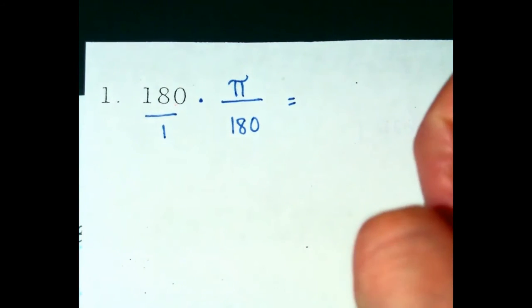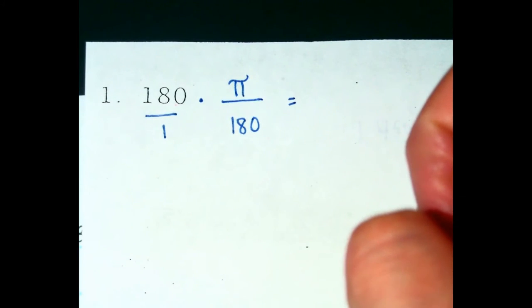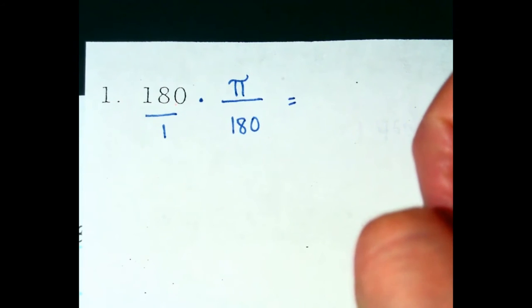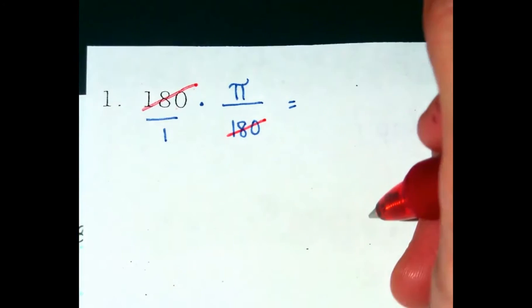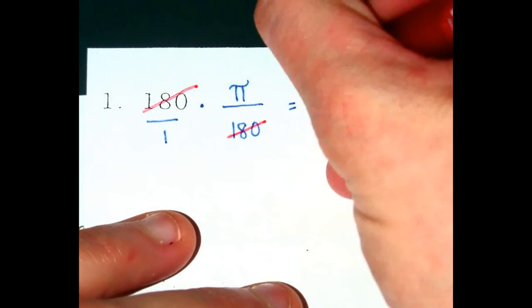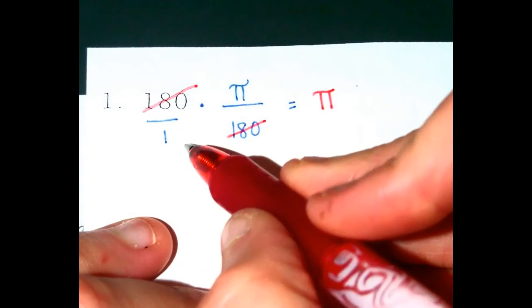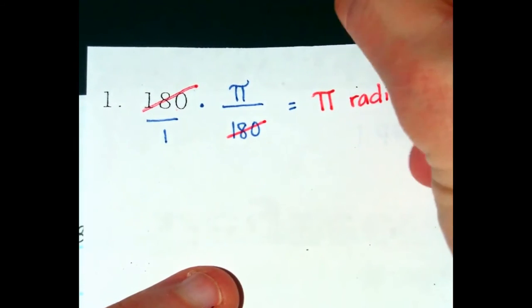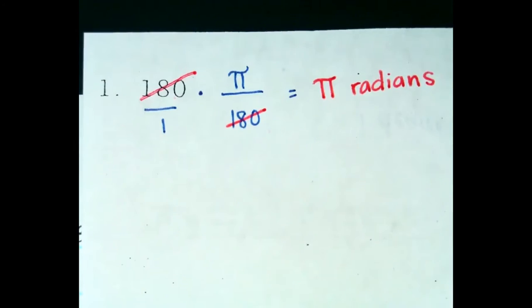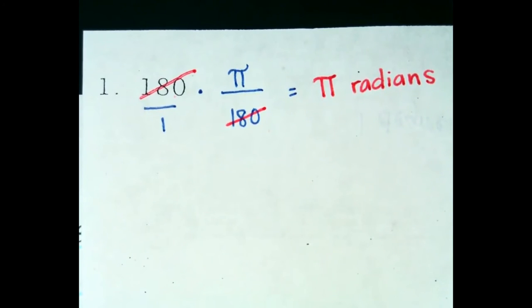And they do go away, but it's not that they're actually canceling. It's that they're dividing. What's 180 divided by 180? 1, which 1 times anything is itself. So, you're right. I just wanted you to realize that. So, it's not that they're canceling. They become 1. Okay, so that means we just have 1 times pi, and we still had that divide, but pi divided by 1 is pi. Pi radians. We're done.